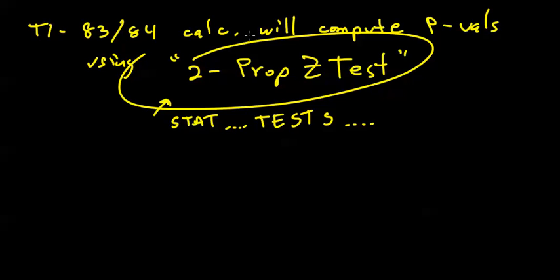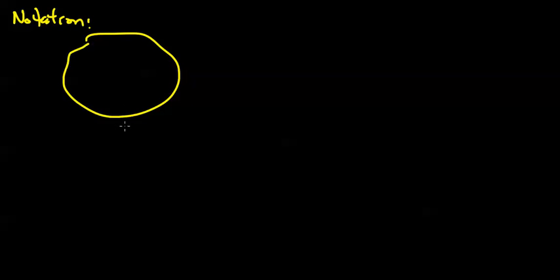Alright, well, before we punch out some examples in this regard, let's get some notation down. Let's say we've got population 1.